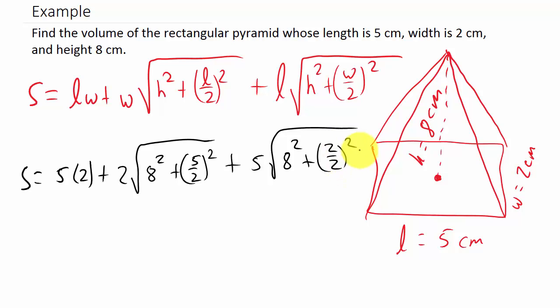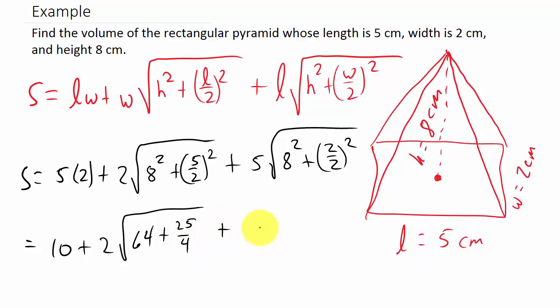Let's see what we get. We get 10 plus 2 times the square root of 64 plus, if we square this, 25 over 4, plus 5 times the square root of 64 plus 1.